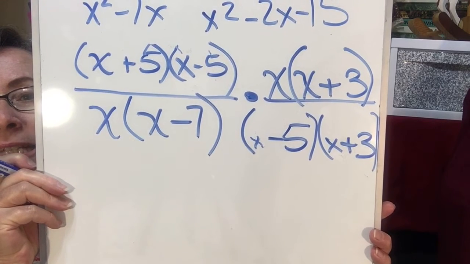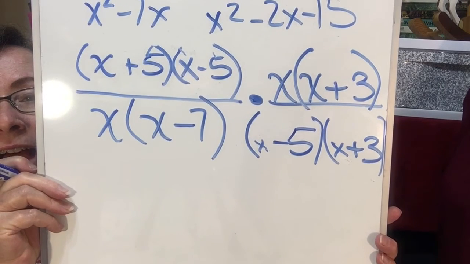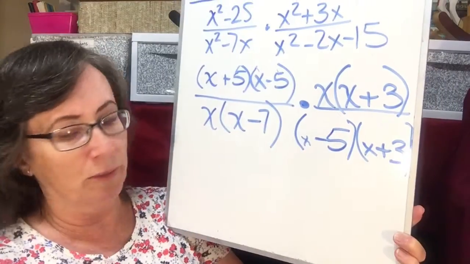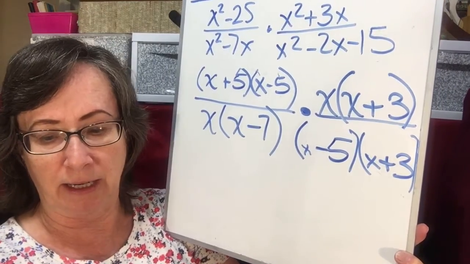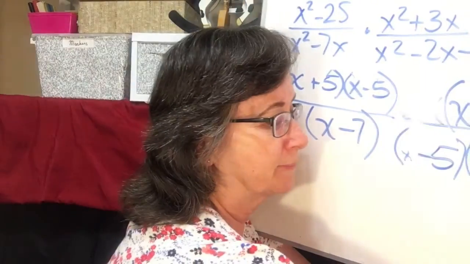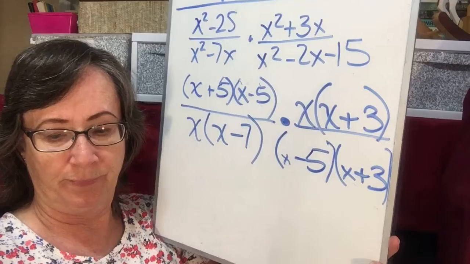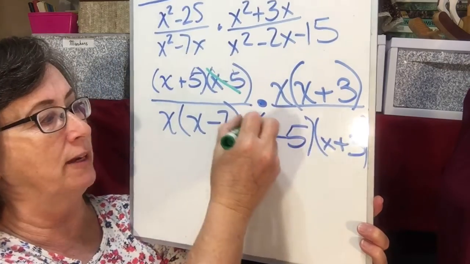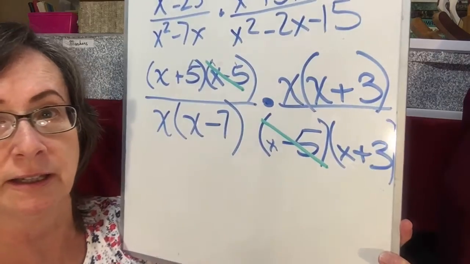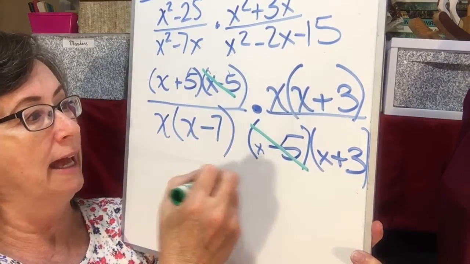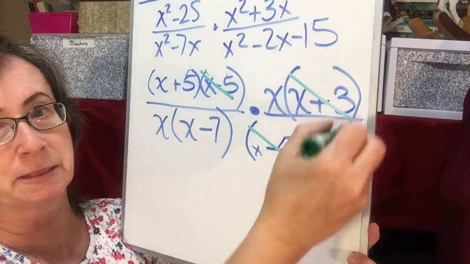So now you can see that a lot of this is going to cancel out. Let's watch. So I'm going to get a different color for the canceling. All right, so we have an x minus 5 and an x minus 5. We have an x plus 3 and an x plus 3.